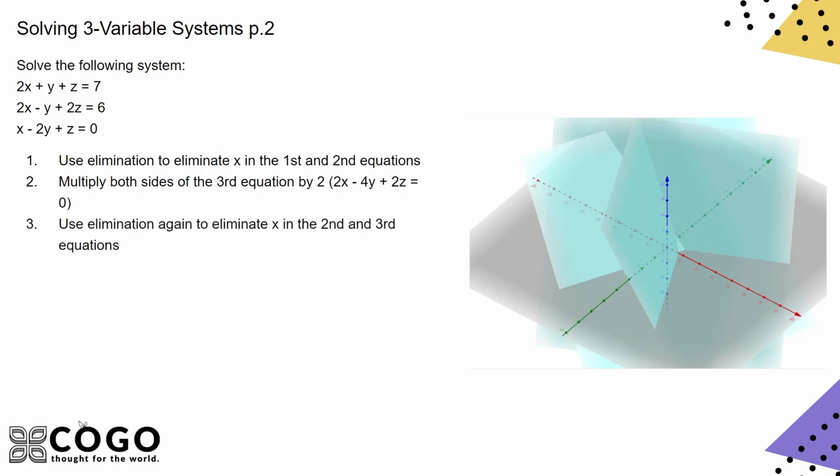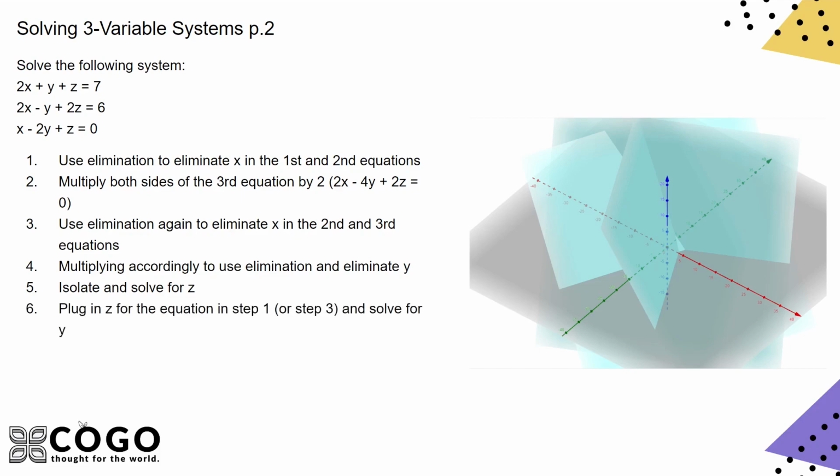Third, use elimination again to eliminate x in the second and third equations. We then multiply the equation obtained in step 1 by 2, so we can use elimination by addition to cancel out y. Fifth, we isolate and solve for z. We plug in z for the equation in step 1 or step 3 and solve for y.